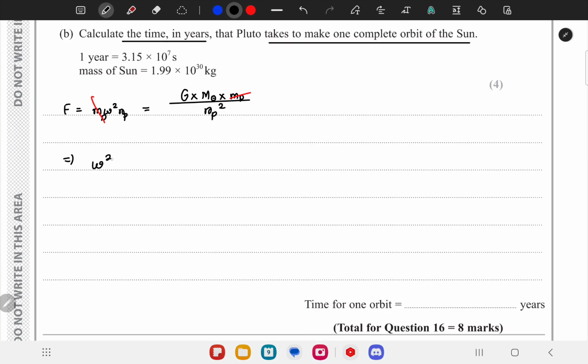So ω² would be equal to G times mass of Sun by the orbital radius of Pluto cubed. ω is 2π by T. Now we can place our values over here.